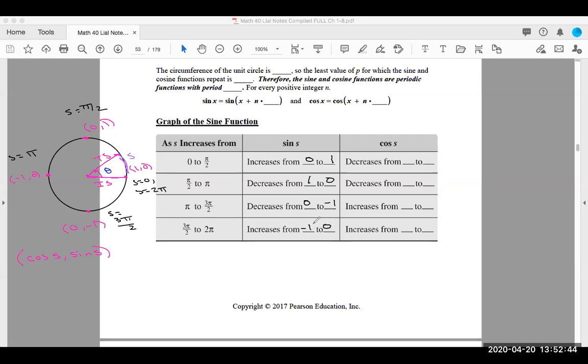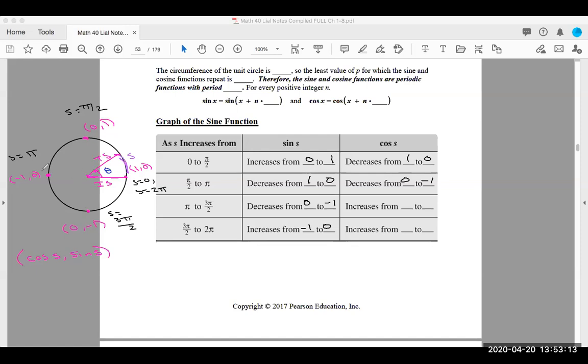Okay. For cosine, we're looking at the first coordinate, the x value of the point. Cosine first decreases from 1 to 0, and then from 0 to -1, and then from -1, sorry, let me restate that.